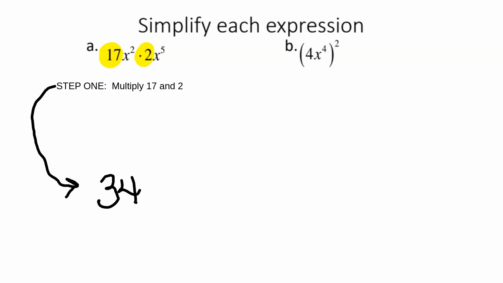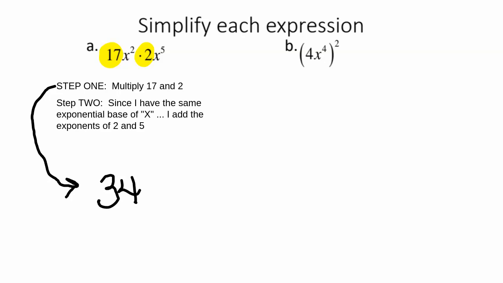Now, step 2. Since I have the same exponential base of x, I add the exponents of 2 and 5, which will give me x to the 7th power. That is this part.